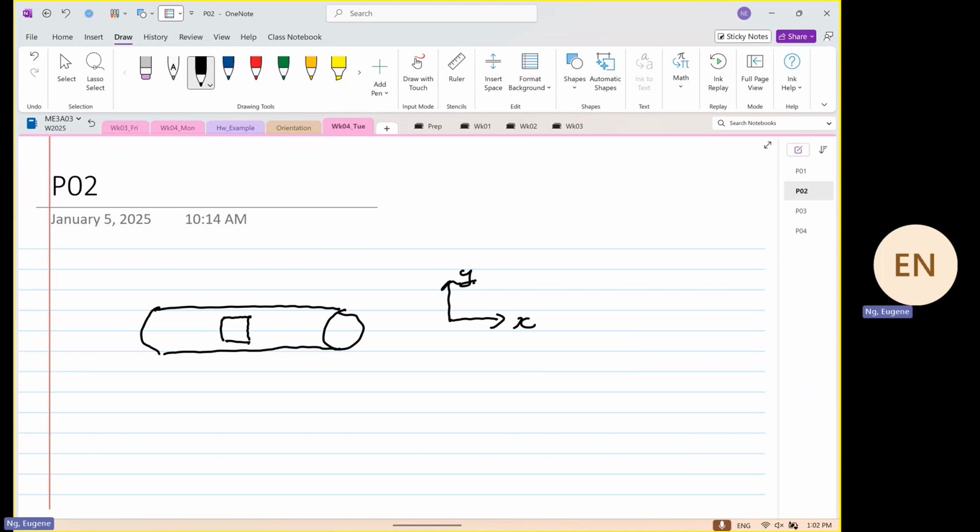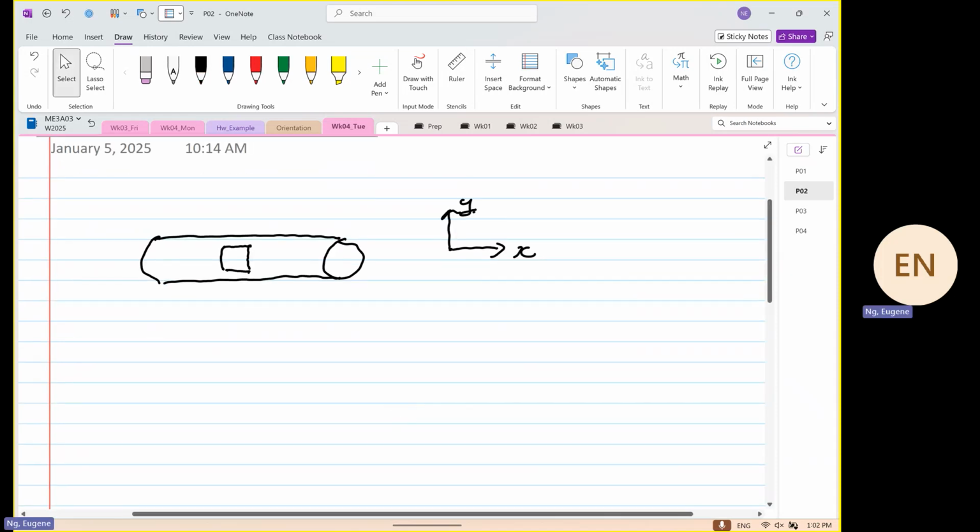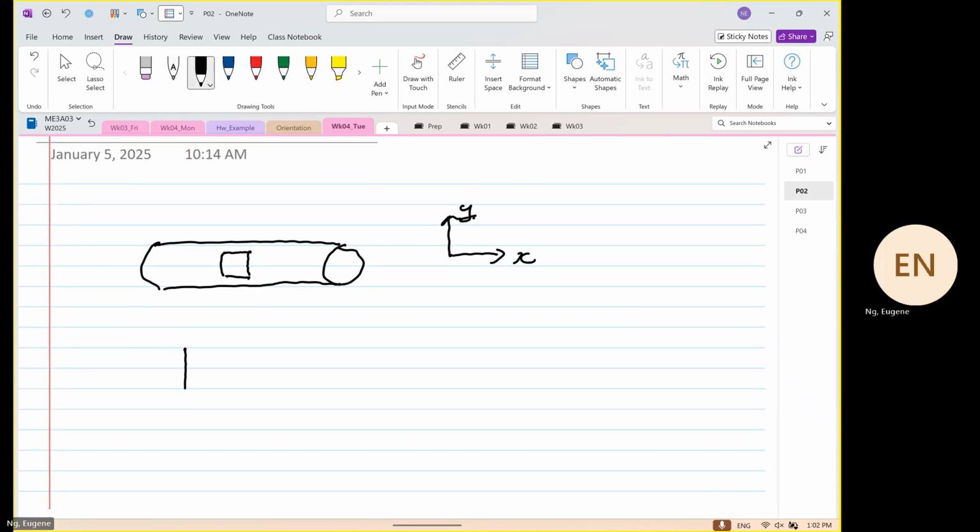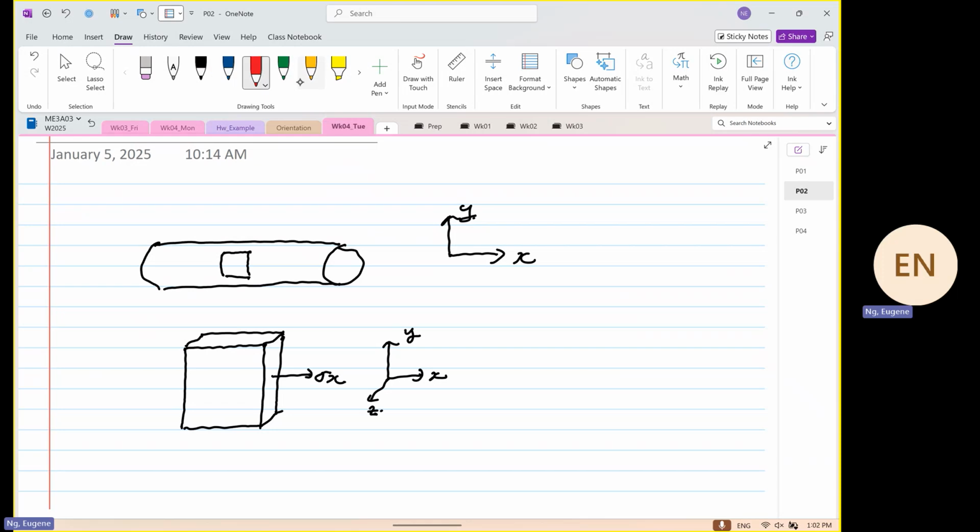So as you can see, what we have just done down here, if we draw this in 3D, and this is our X, and this is our Y, and this is our Z, fracture will occur on this surface over here.